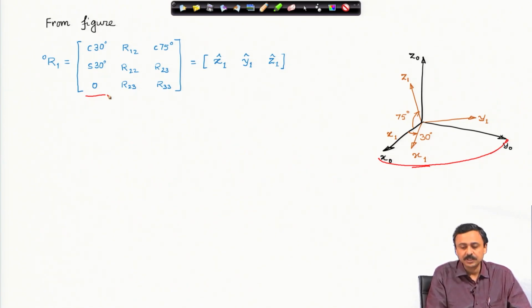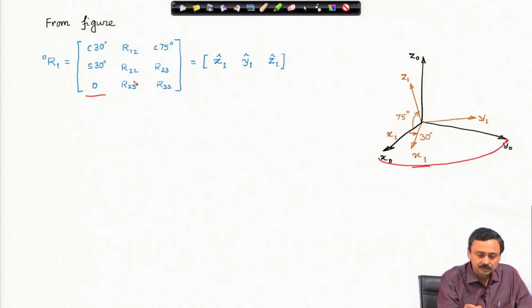Second column is the representation of y 1 in x 0 y 0 z 0, and it so happens that I do not know any of these elements. Therefore, I keep them as unknowns: R 1 2, R 2 2 and R 3 2.